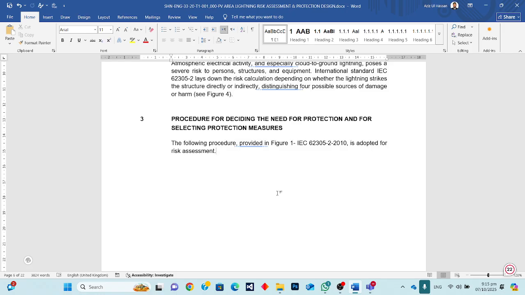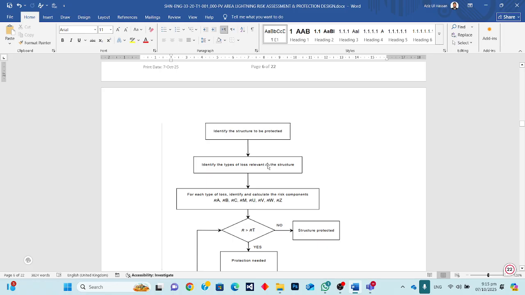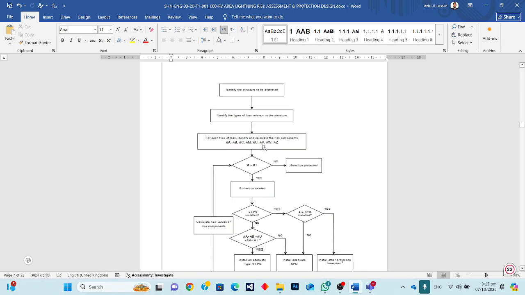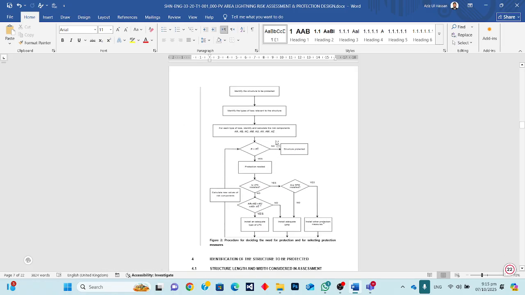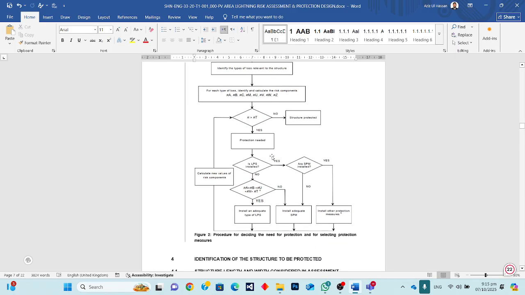So now we are moving to these steps. This is basically the procedure we have to follow.